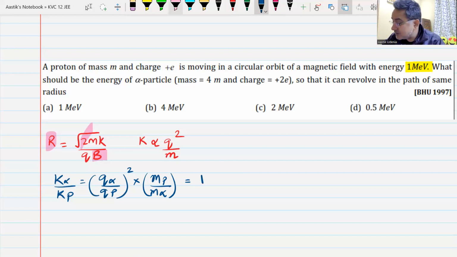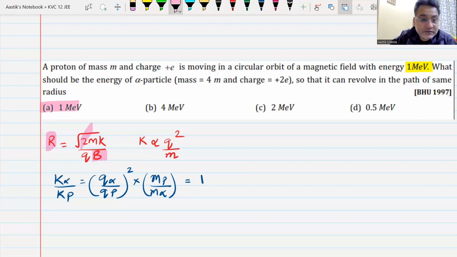So both energies must be the same. Do we understand this? Yes or no? These are questions that have come many times, and almost all the times they give this proton and alpha particle. These are their favorite questions for JEE.